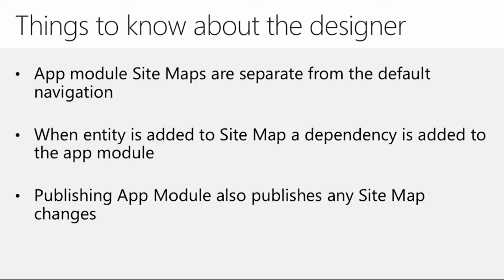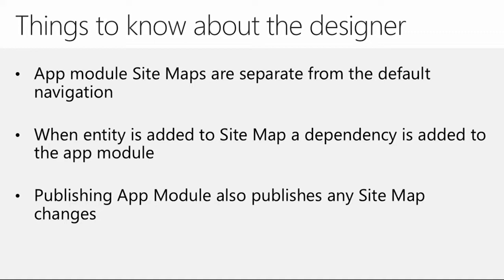Now, before we go in and start modifying a few things, there's a couple of situations you want to keep in mind. The first thing is that each individual sitemap from an application standpoint is separate from the default navigation. The default navigation has its own sitemap that defines how you're going through it. As you add individual application modules, each one of those will have its own separate sitemap that you're working with.